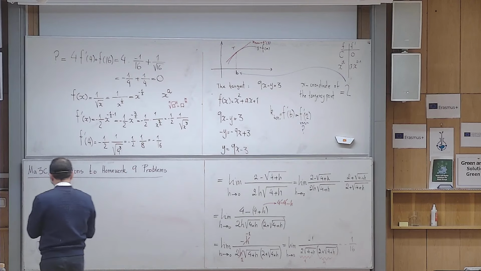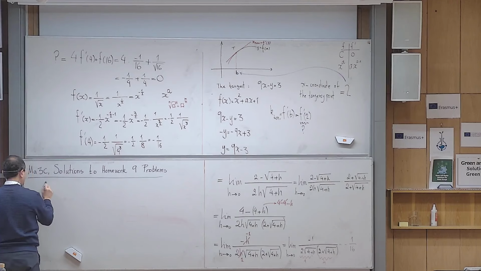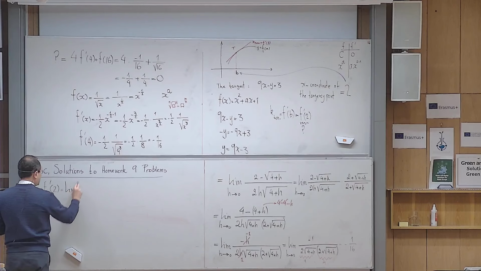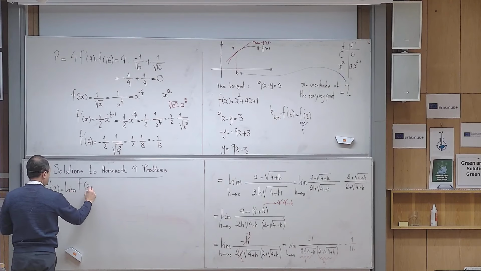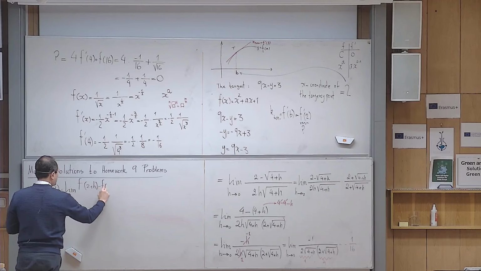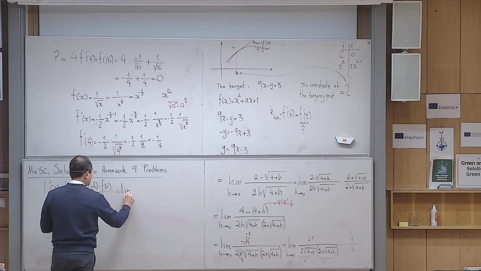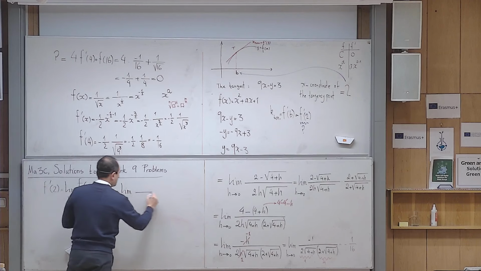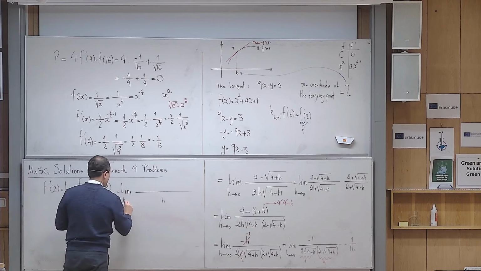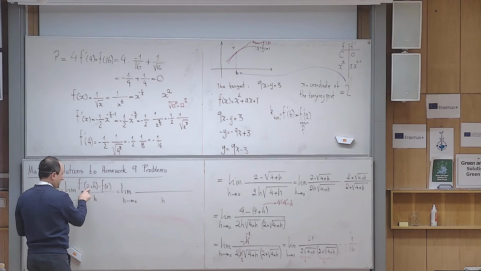So, the first thing I will do, I will write the formula for f prime of 2 using the limit idea. So, this becomes the limit of f of 2 plus h minus f of 2 over h, as h goes to 0. Okay, so let us fill it up because this is very simple. But again, when I say simple, I see still many students make mistakes here.